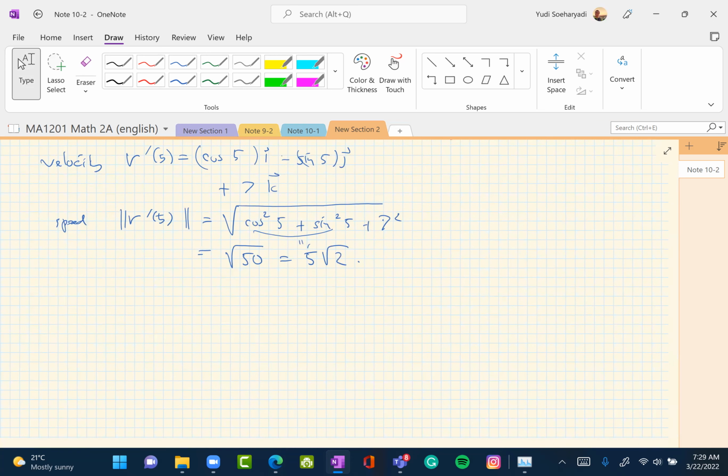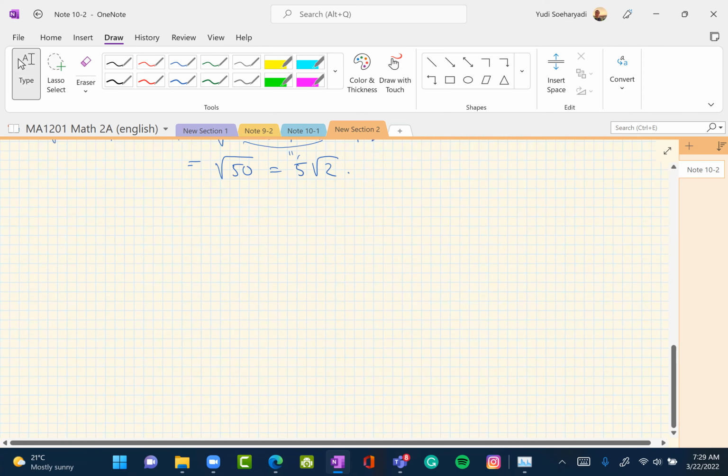Okay, and now we continue with what's called surfaces in free space.